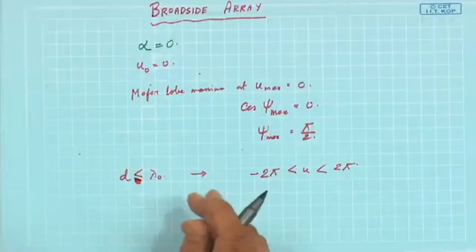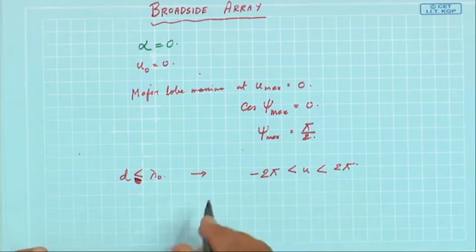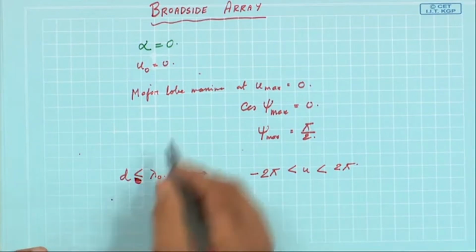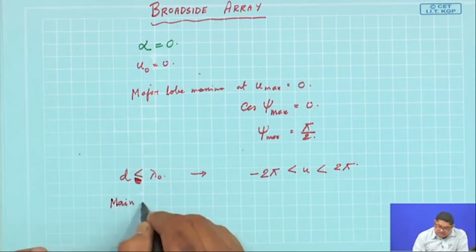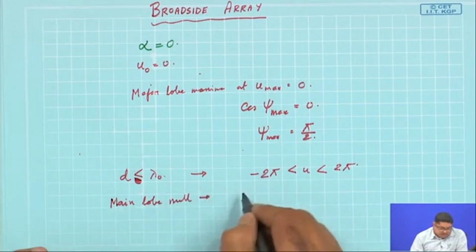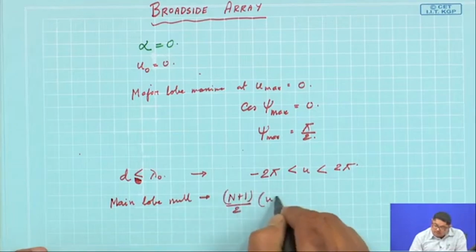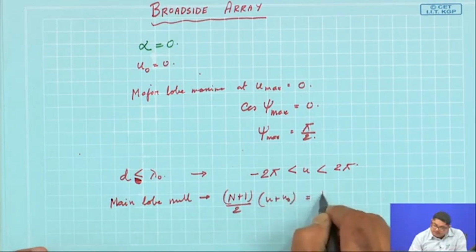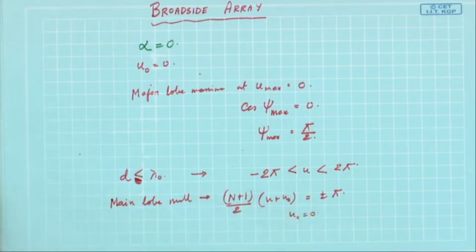So, we have already seen the major lobe, now the main lobe null. We have generally seen that n by 2 into u plus u naught is equal to plus minus pi, but for broadside u naught is 0. So, in this case u naught is 0.